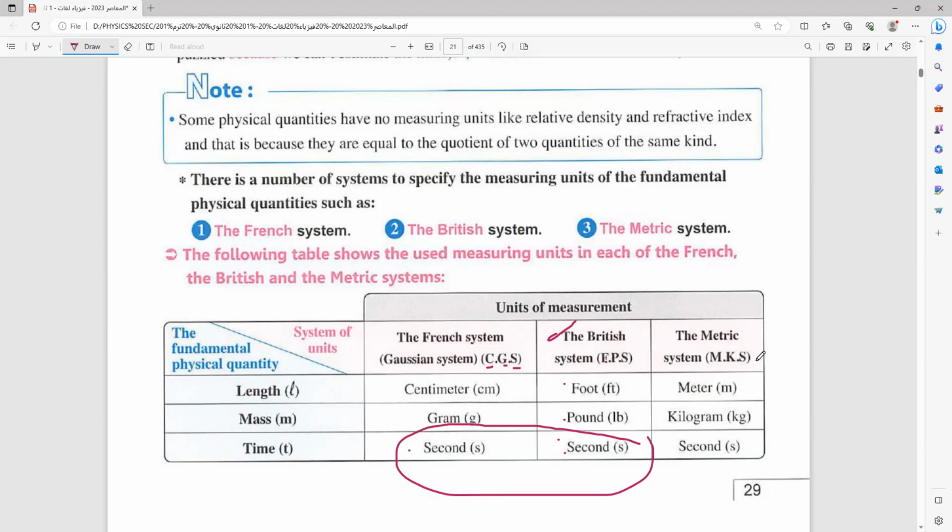Metric system, MKS: meter, kilogram, second. So all three systems have a common unit of time, second.